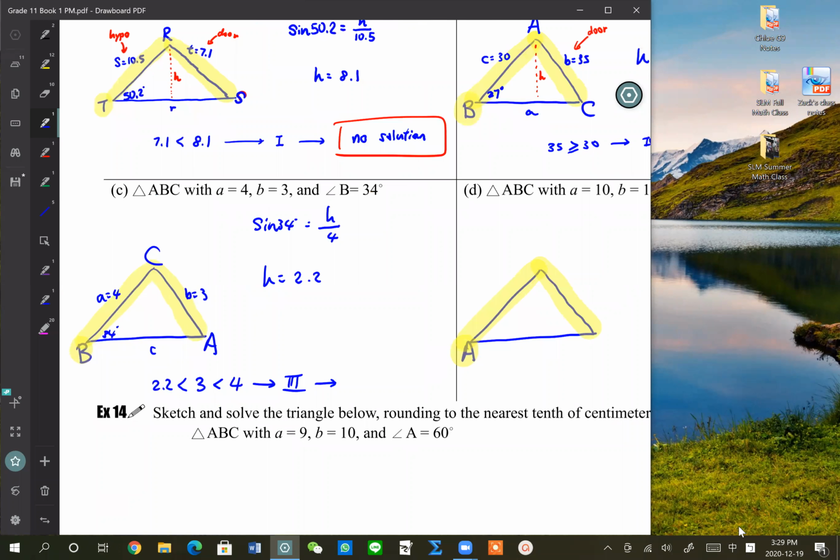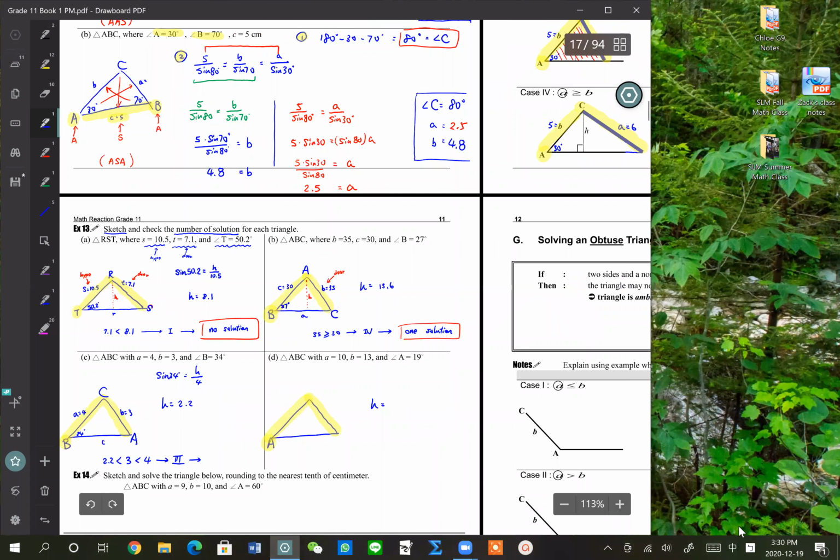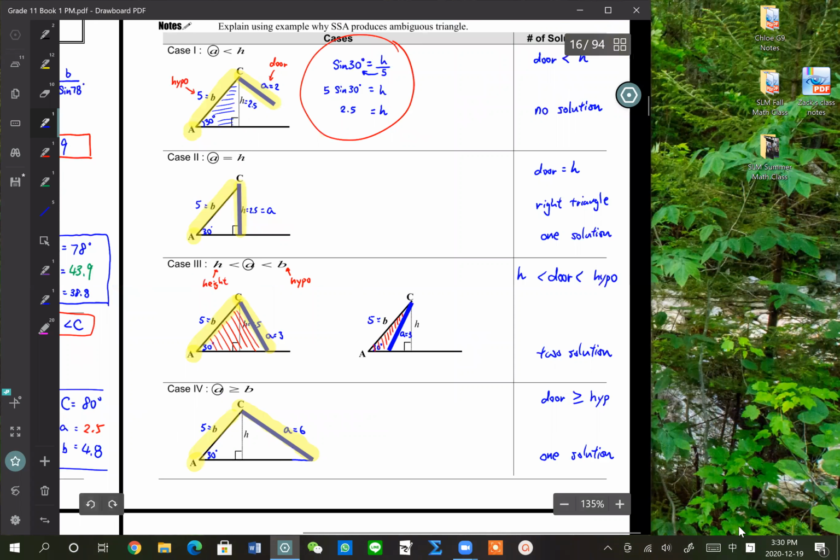Let's see. Three. I might have missed it. Number 3. You didn't copy it down? Yeah, I think so. Okay, you gotta copy it down right now.